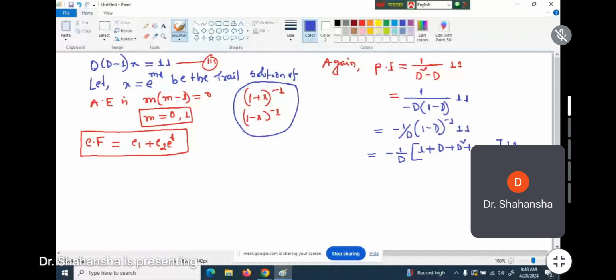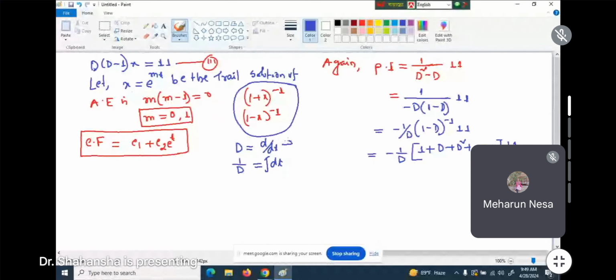Any question? Sir, could you explain the second line, why you write it this way? The second line, sir: when you use the binomial formula, always x must be less than 1, and you have to be careful that D never goes to the denominator, because D equal to d by dt is the derivative, differentiation, and 1 by D means, what is 1 by D, sir?